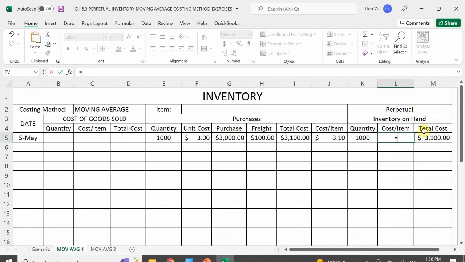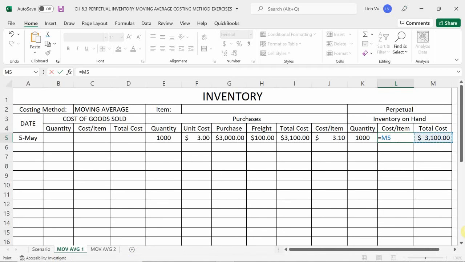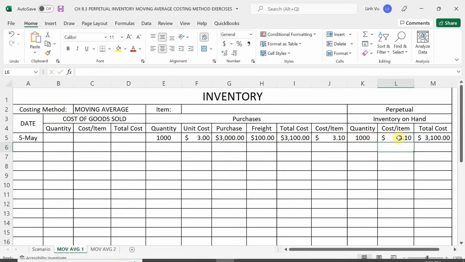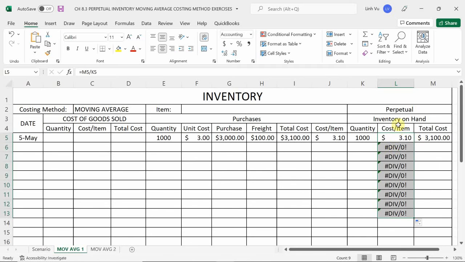I want this to be automated so then I don't ever have to punch in this formula every single time. I can just pop in the formula. So right now it's currently telling me it's at 310. And what I'm going to do is copy that formula all the way down. Right now it's saying you have an error. That's because we don't have any of the numbers filled in yet.